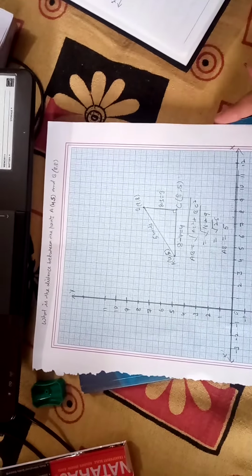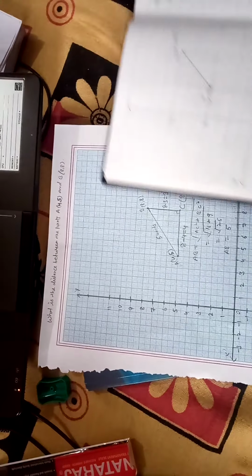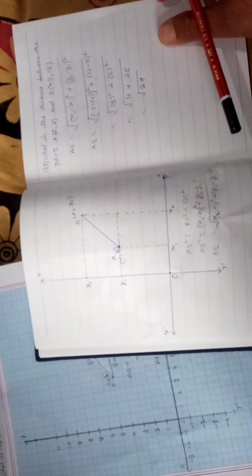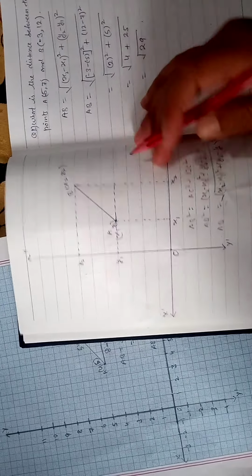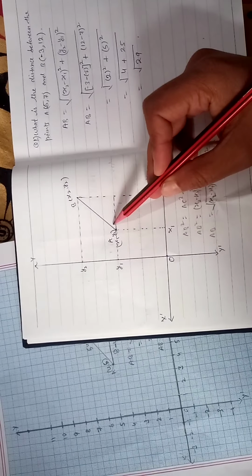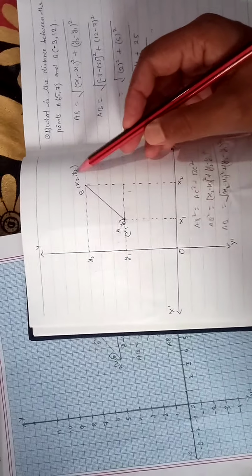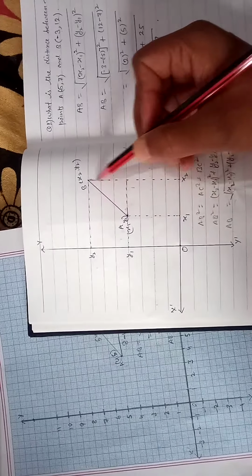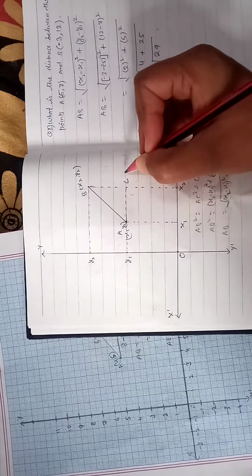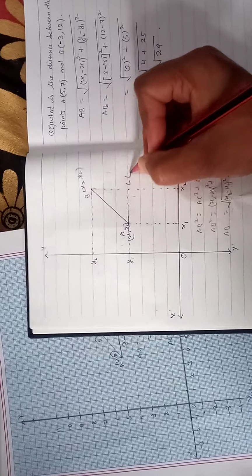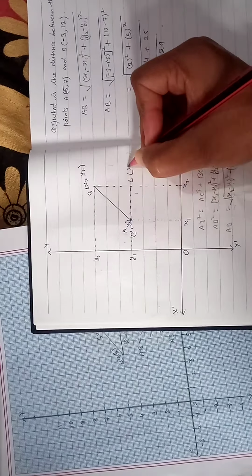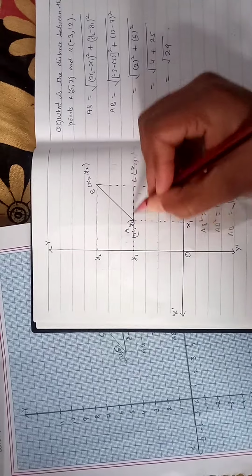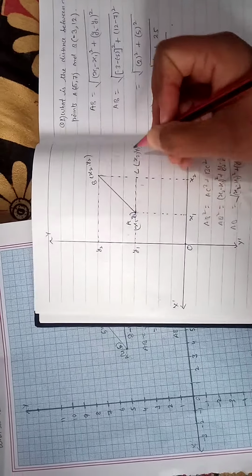Applying this algorithm in general form, we have another coordinate axis. Let's say we have a point A (x1, y1) and B (x2, y2). We will construct a right angle triangle again as we did earlier. The coordinates of C are (x2, y1).